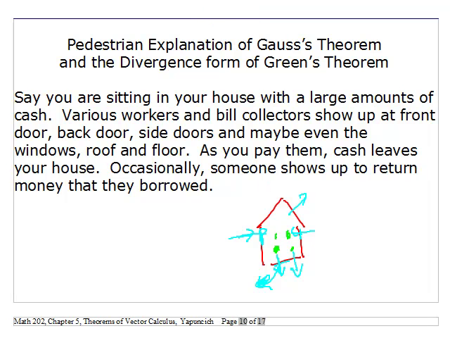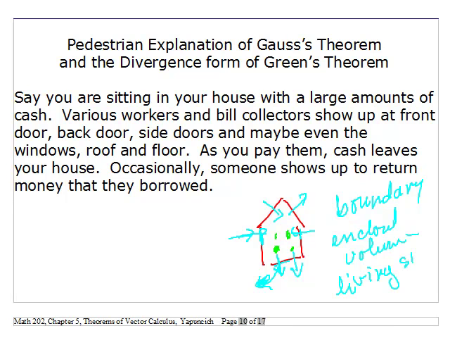You've got money going out, and sometimes money coming in. So the edges of the house are the boundary, a closed boundary totally enclosing the region inside, the enclosed volume, which is, I guess, your living space, or rather the hiding space for your money, however you want to look at that.